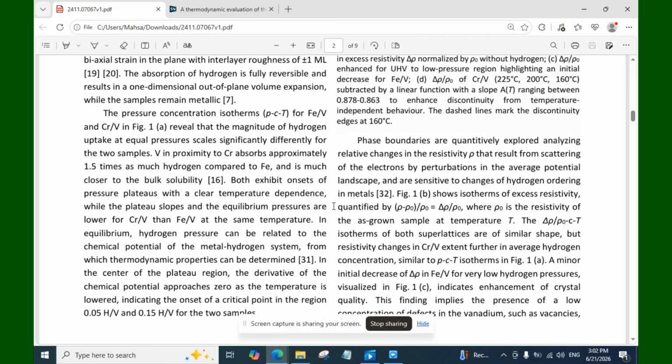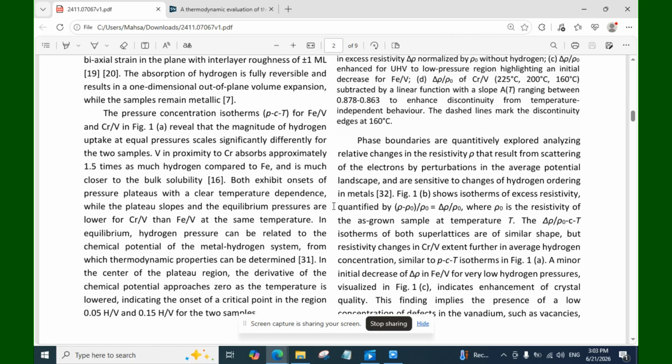Both exhibit the onset of pressure plateaus, which have a clear temperature dependence, while the plateau slopes and the equilibrium pressures are lower for Cr/V than Fe/V at the same temperature. In equilibrium, hydrogen pressure can be related to the chemical potential of the metal hydrogen system, from which thermodynamic properties can be determined.